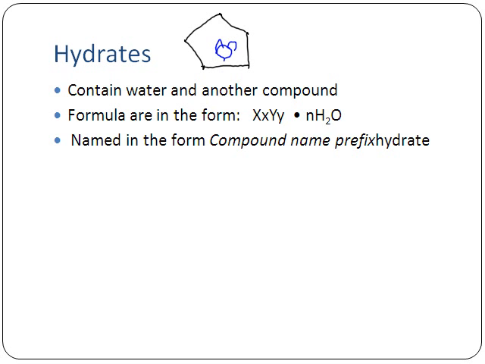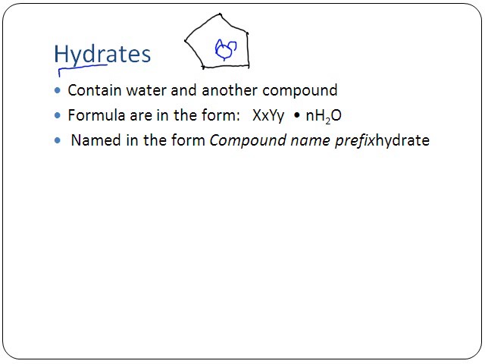And so that's how that might work. So in hydrates, you have water. It's not attached to the molecule, but it's in with it. It travels along with it. It's sort of like a parasite, in a sense. Not really, though. It doesn't live off of the other molecules, but it's always with them in cases of hydrates. And that's why they call them hydrates. The key is hydra, water, right there. And so they contain water and another compound.